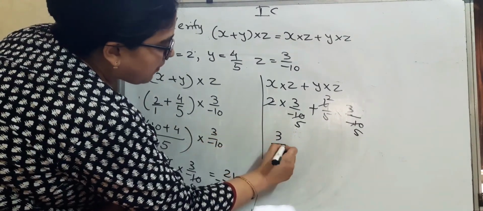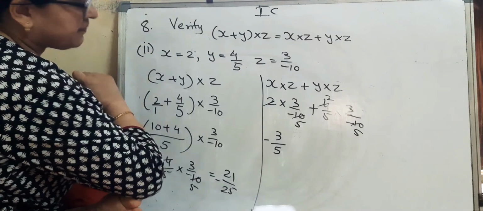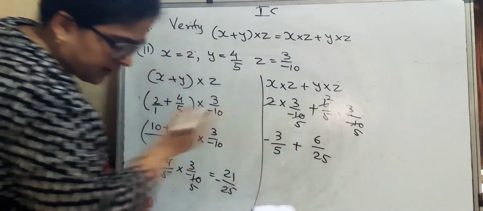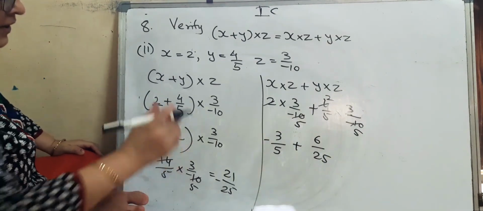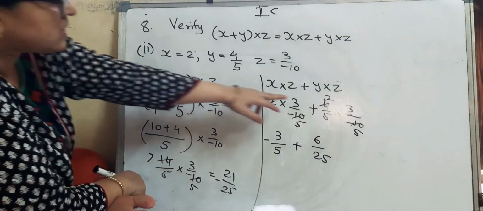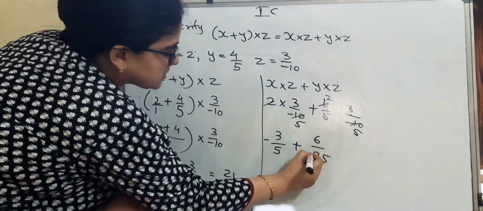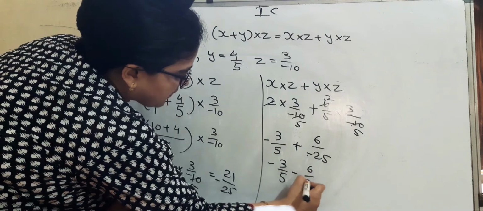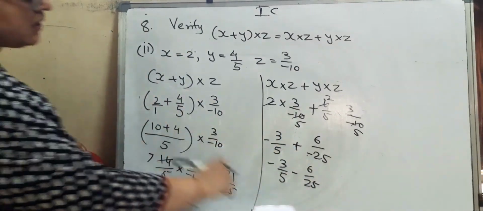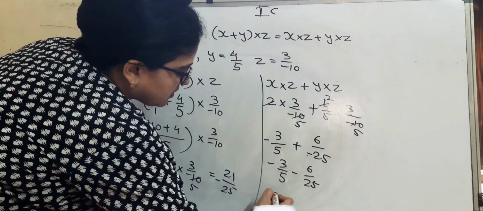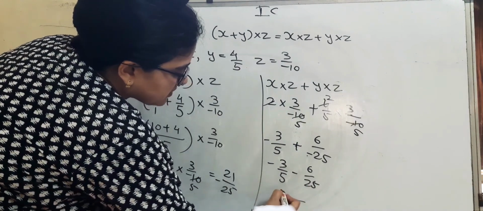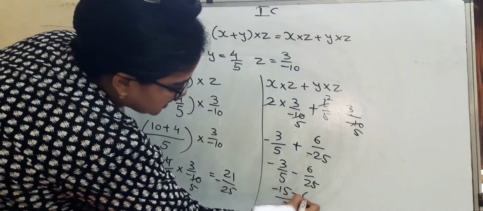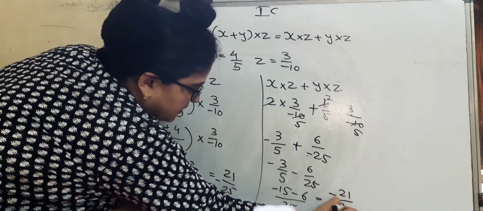So this is minus 3 upon 5 plus 2 3s are 6 upon 25. And this is the minus value, so plus minus it will come, 3 upon 5 minus 6 upon 25. Now LCM is here 25, then it will come minus 15 minus 6, minus 21 upon 25.